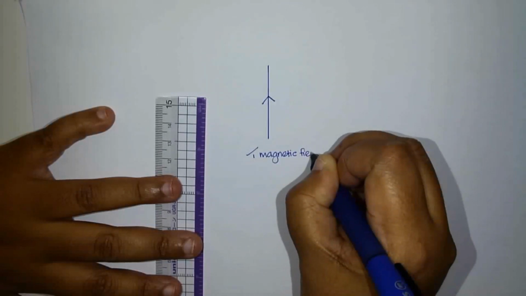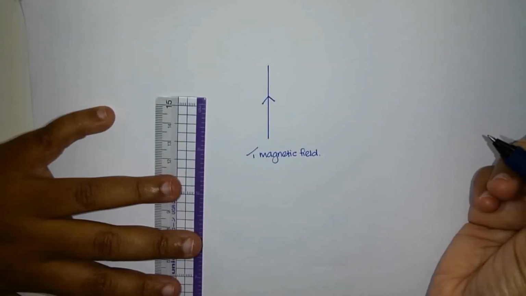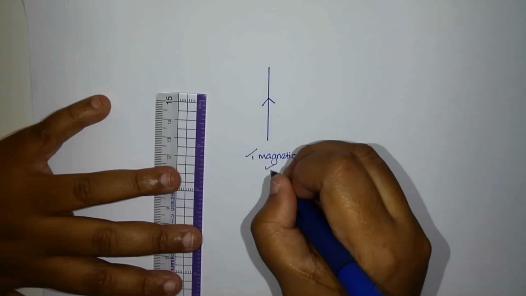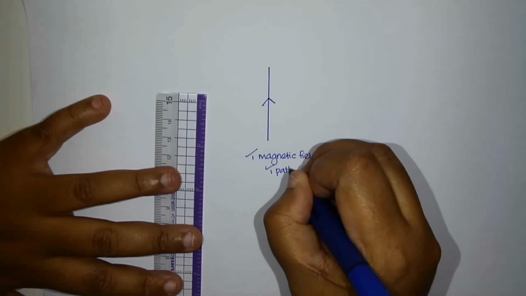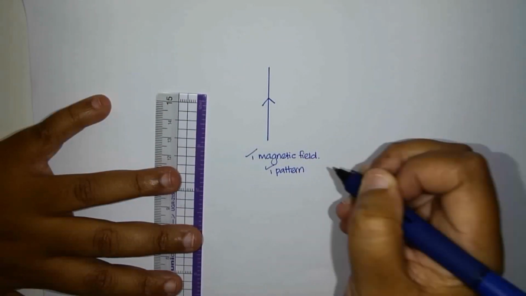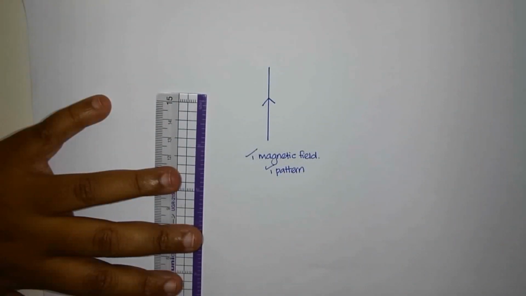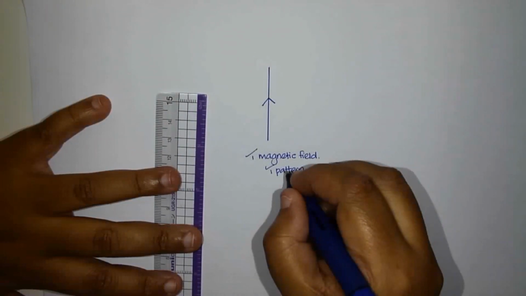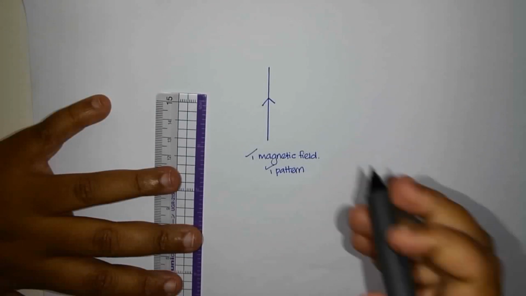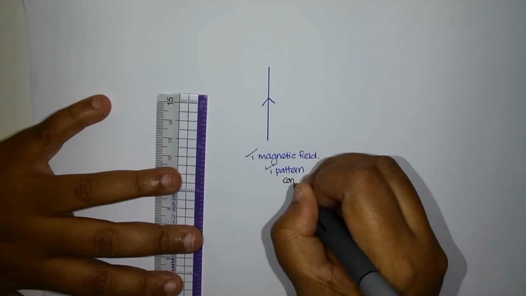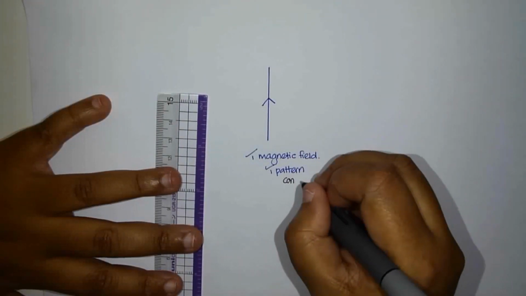Now when we talk about the magnetic field, class, first let's look at the pattern of the magnetic field. The pattern of the magnetic field is concentric circles.